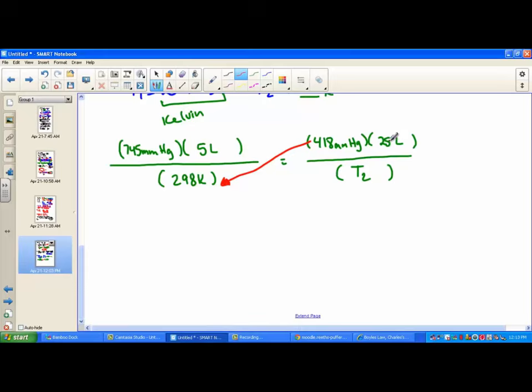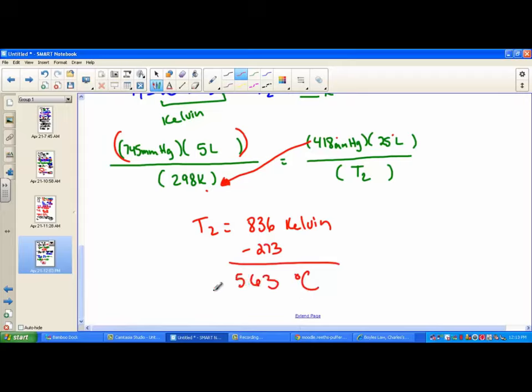So key sequence, hit it with me. 25 times 418 times 298 divided by parenthesis 745 times 5, close parenthesis. T2 is coming out as 836. Remember that that's Kelvin. Let's get rid of that 273 we had to add to get our final answer in Celsius. And that ends up to be 563 Celsius degrees.